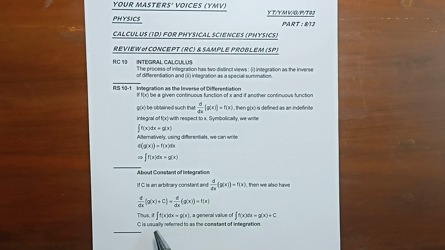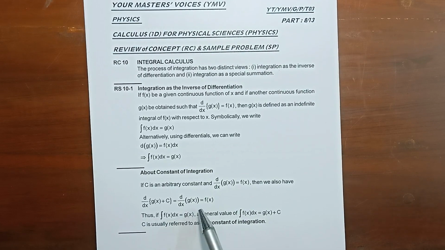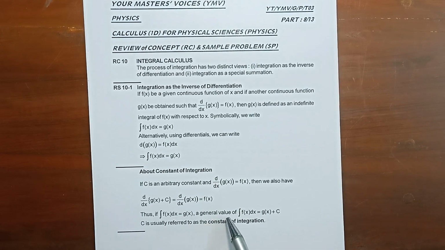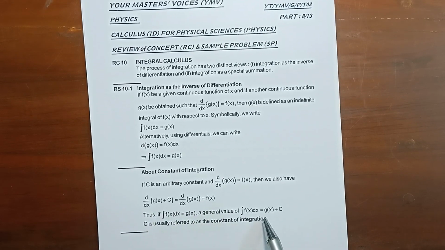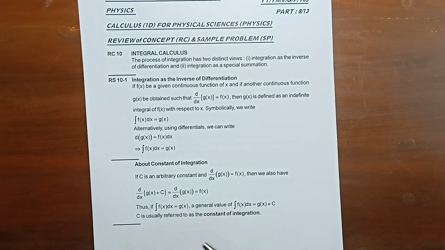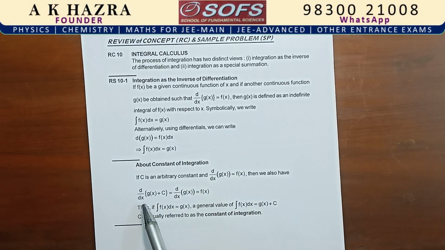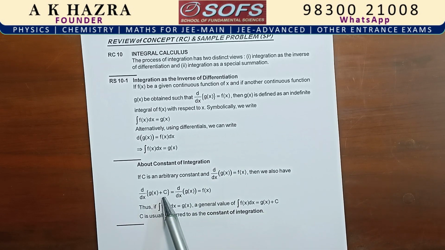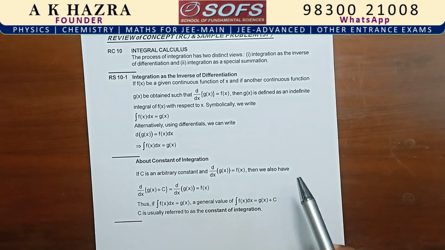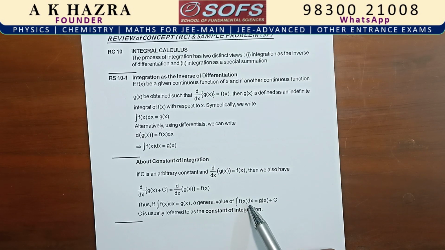So if we have integration of f(x) dx equals g(x), general value will be what? Integration of f(x) dx equals what? g(x) plus c. How? Again you can realize d/dx of g(x) plus c is equal to f(x). So d of g(x) plus c is equal to what? f(x) dx. So if we integrate, f(x) dx equals what?